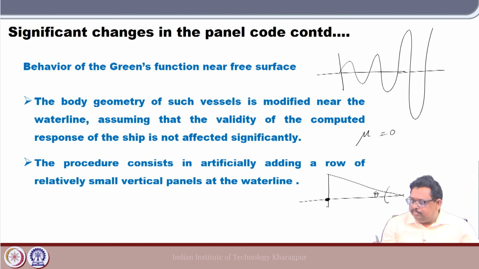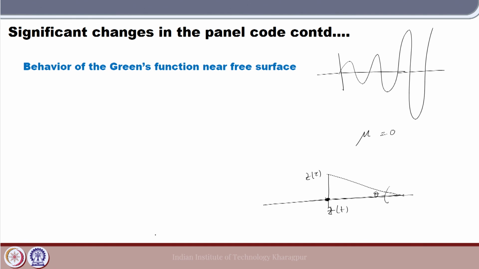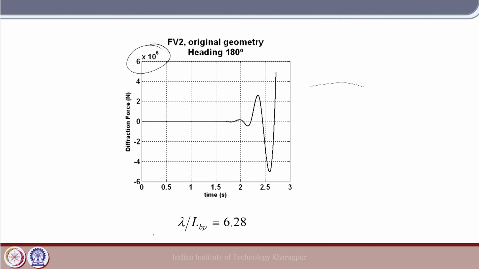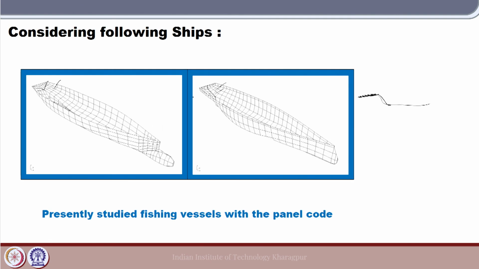It means that z of t and z of tau are both lying in the same horizontal plane, which is happening in the case of a flared ship. I will show you what happens in a flared ship. If you have this panel and this panel, both are in the same horizontal plane.